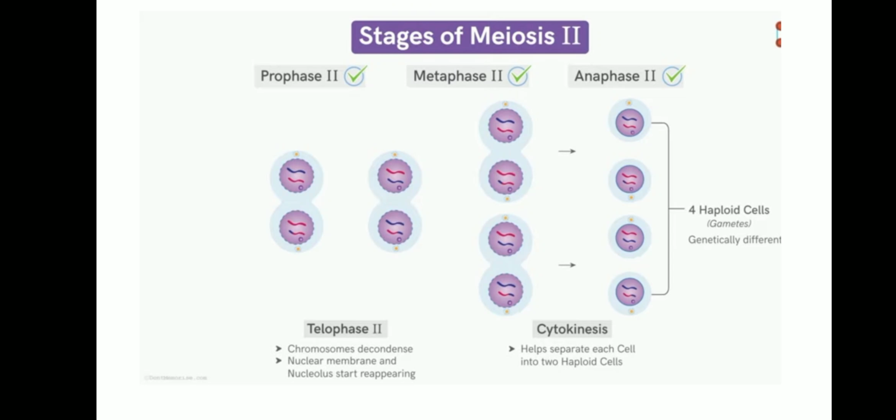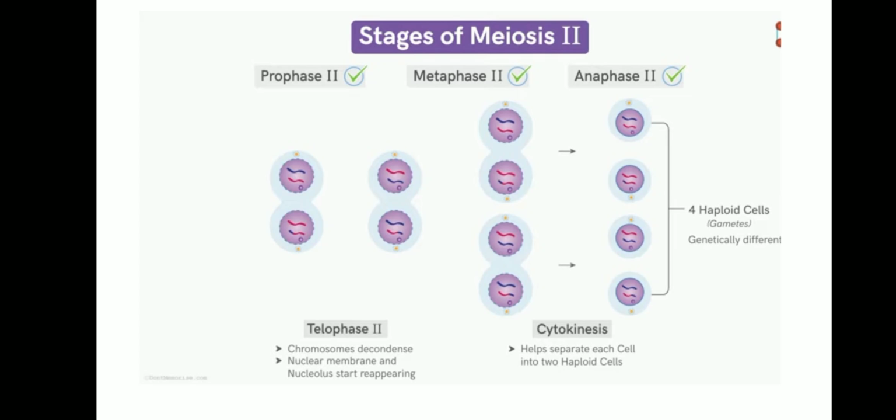Okay, and next cytokinesis 2. Here 2 cells are formed from each haploid daughter cell, resulting in the formation of 4 cells with haploid number of chromosomes. So here 4 daughter cells are formed. In the stage of meiosis I, 2 daughter cells are formed, and in the stage of meiosis II, 4 daughter cells are formed.